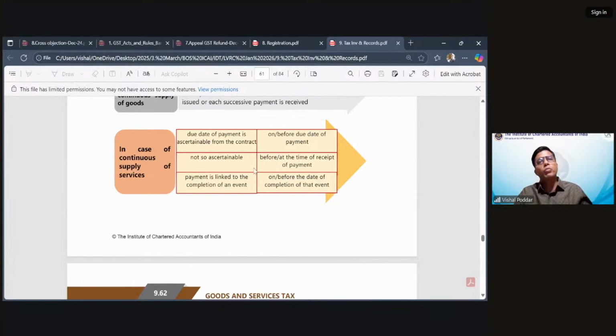You cannot assume that in case of all service supplies, you will have a 30 days window. That is not the case. The 30 days window is given only in case of regular supply of services, not for these special supplies, which are called continuous supply of service.